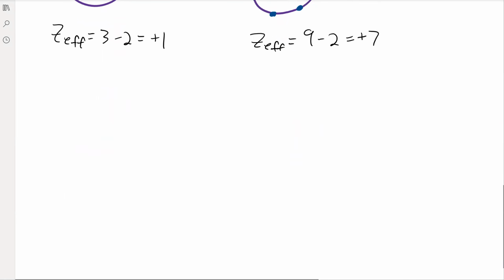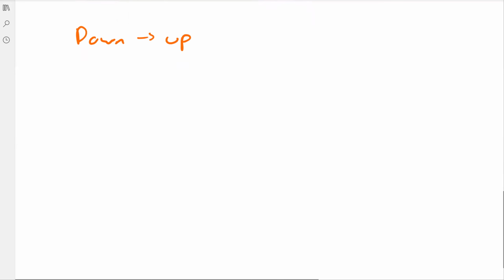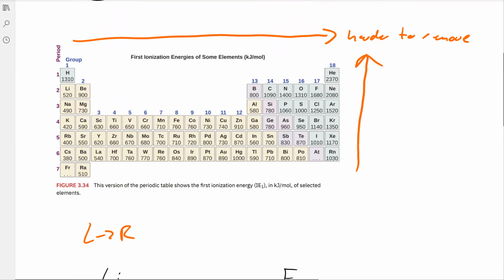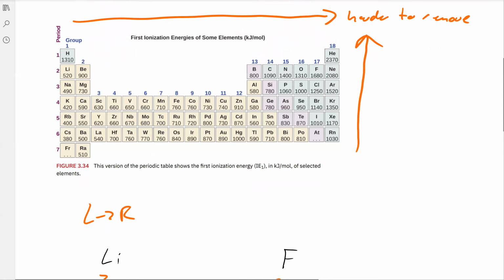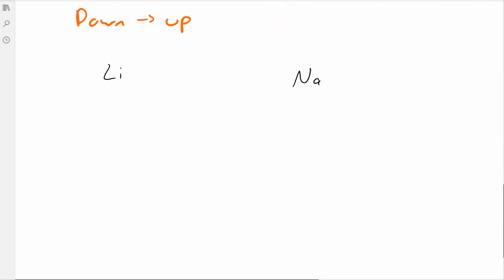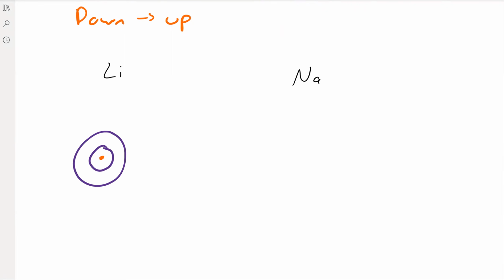What about the bottom to top trend? Let's think about lithium again, and now sodium. We've got lithium and sodium right here, and we can see it's easier to remove an electron from sodium than from lithium. In our structure of lithium, we have n equals 1 and n equals 2, with 2 electrons in the first shell and 1 on the outside.